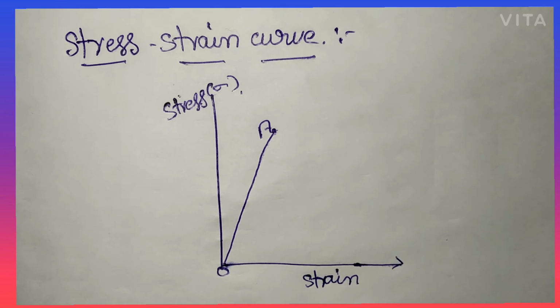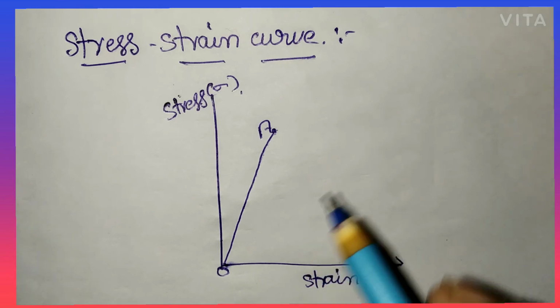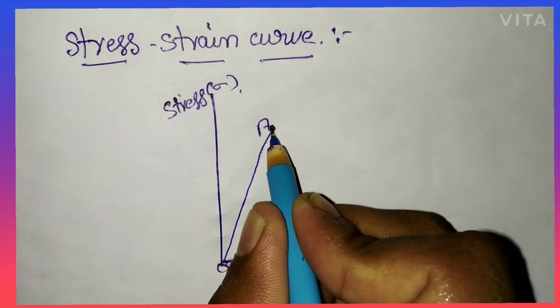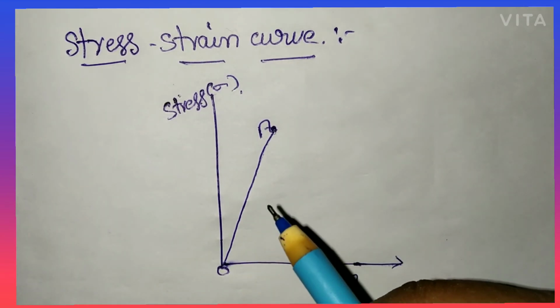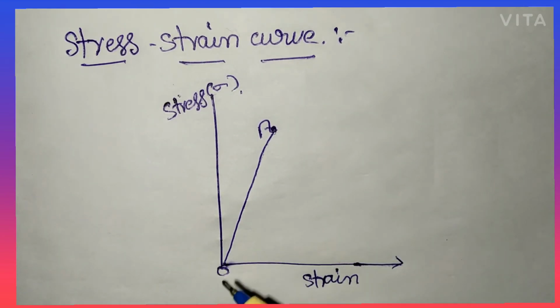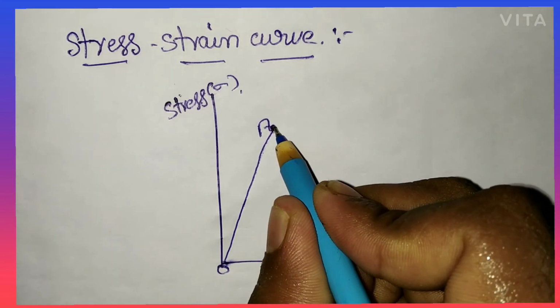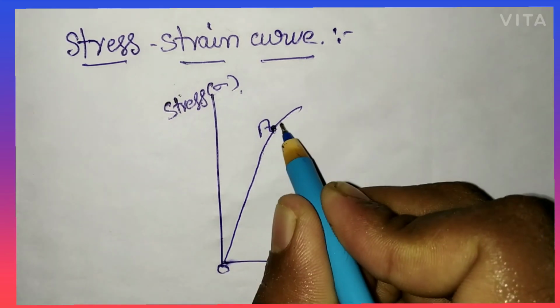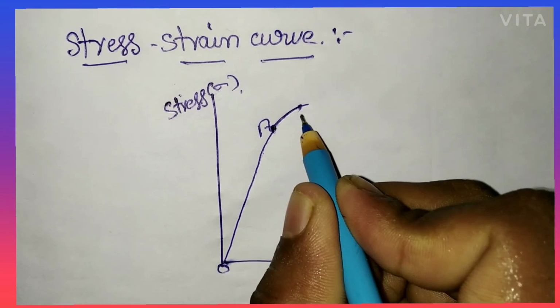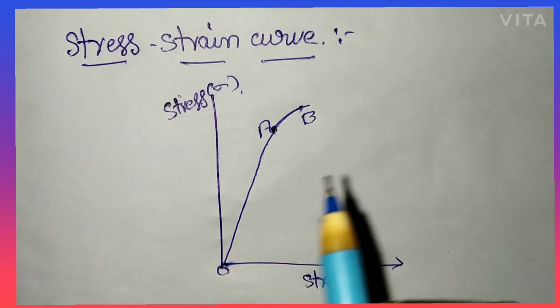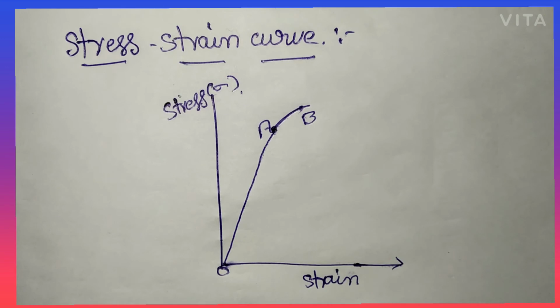In this region, the solid behaves as an elastic body. In the region from A to B, stress and strain are not proportional, and the body still returns to its original dimension when the load is removed.